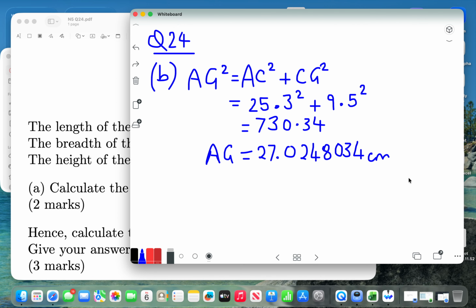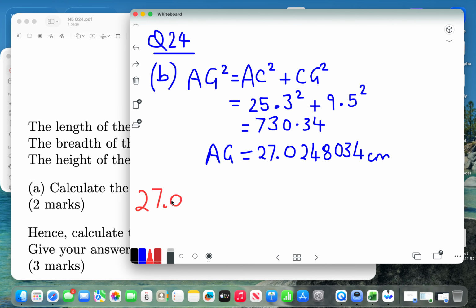So the easiest way to think of this is, if you had it to two significant figures, it would be 27. But 27.0 is three significant figures.